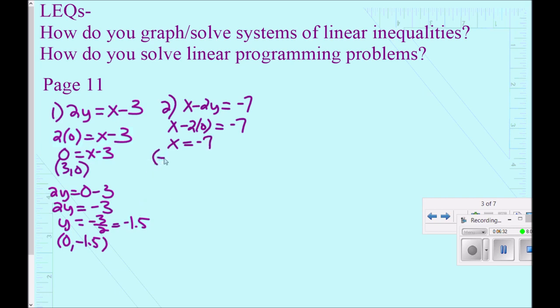So negative 7, 0. Finding the y-intercept, putting 0 in for x and solving for y gives me negative 2y equals negative 7, which means y equals positive 7 halves. So 0, 3.5 is the y-intercept.